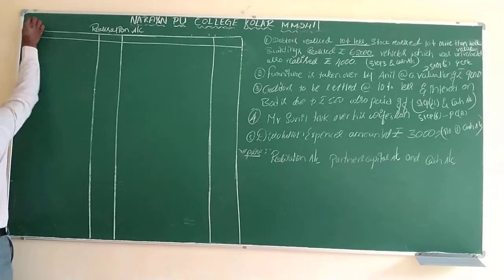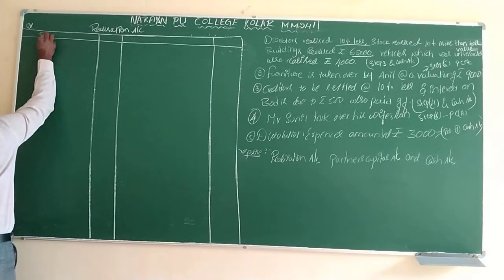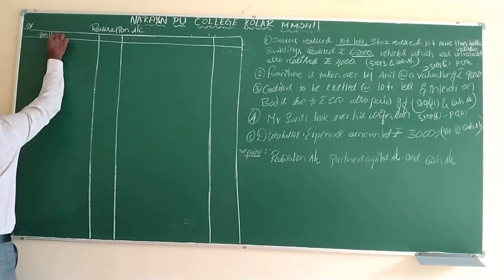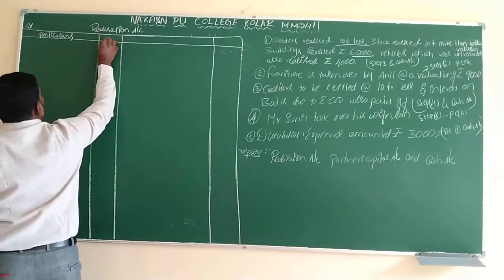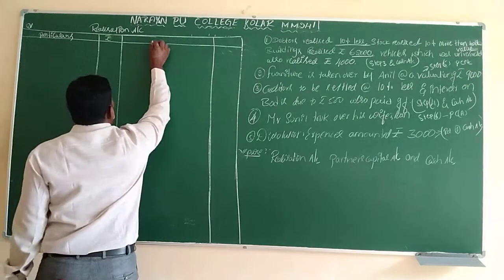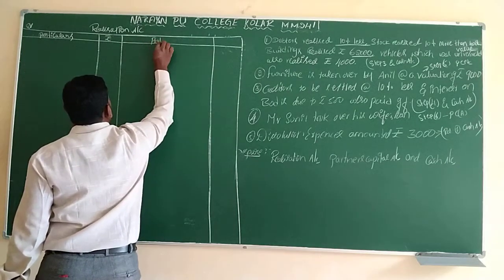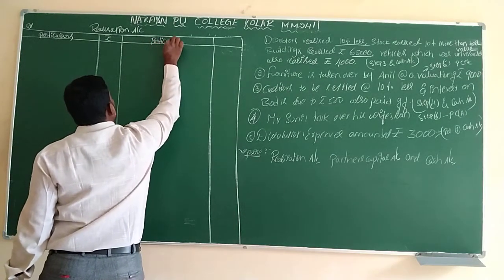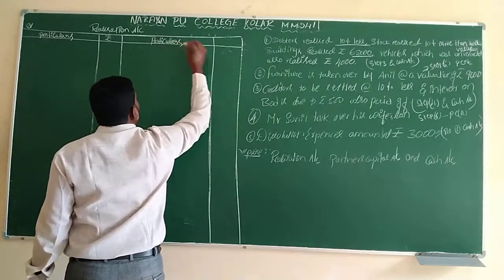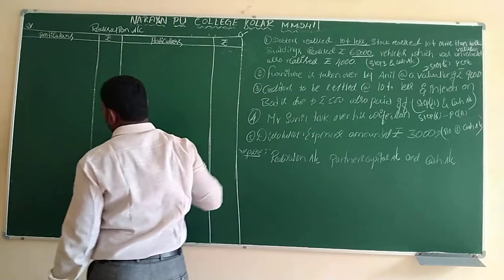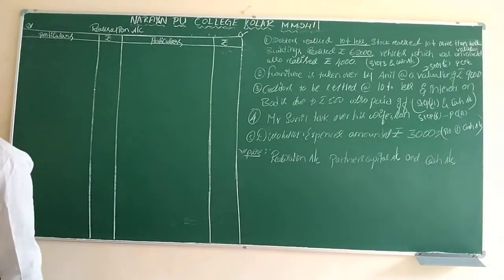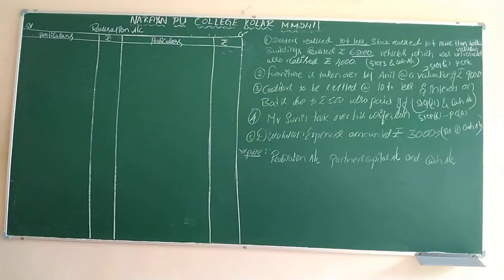Particulars, amount. Again particulars, amount. These are the columns for preparation of the realization account with the following steps.